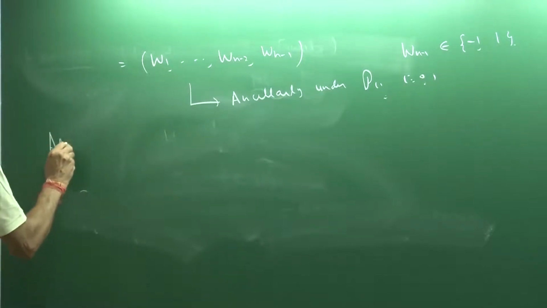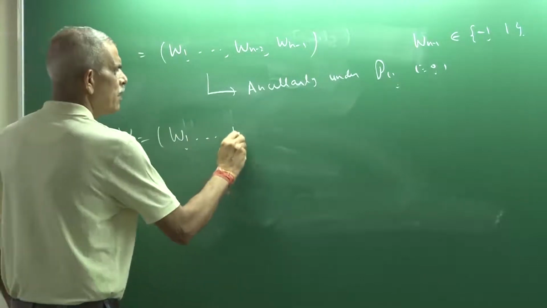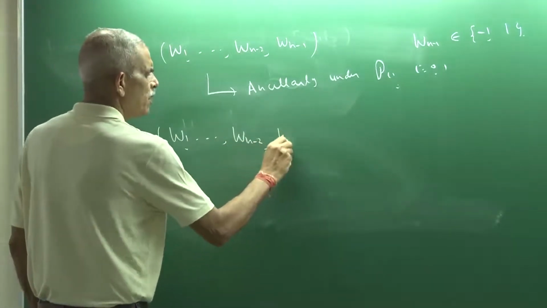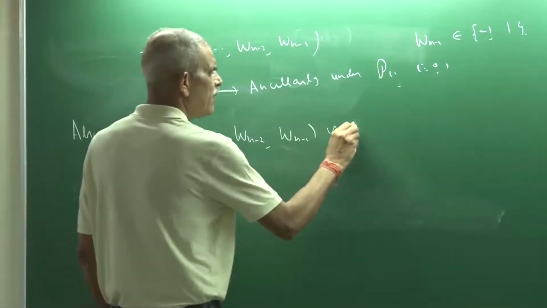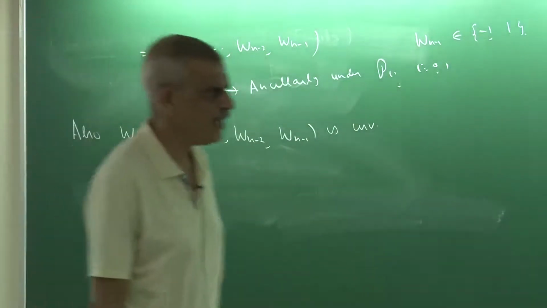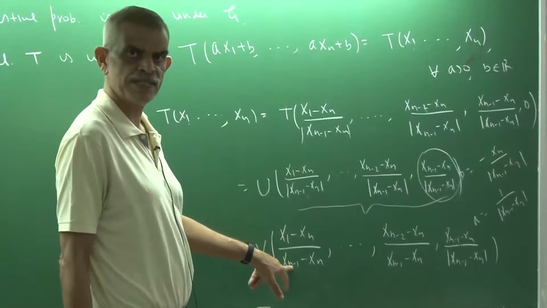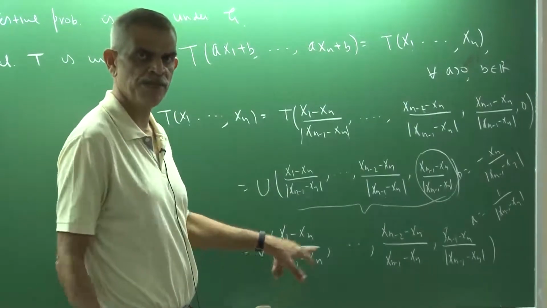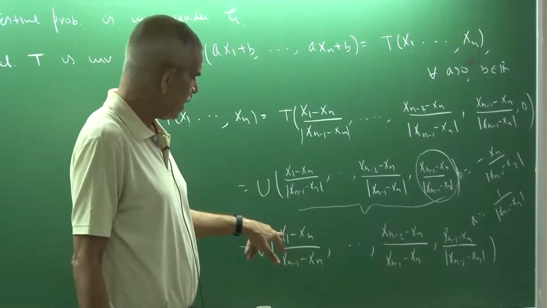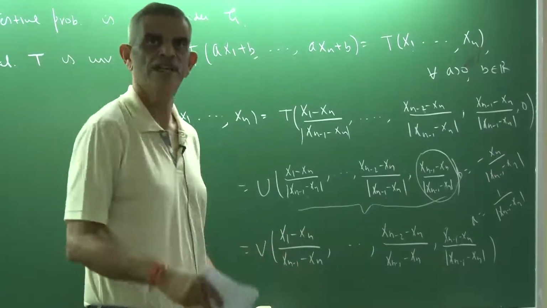Also, W, which is W1, ..., Wn minus 2, Wn minus 1, is invariant. Why? Because you can apply a x1 plus b over here. When numerator and denominator both have differences, applying a x1 plus b, the b gets cancelled, and a comes common in the numerator and also in the denominator, so a also gets cancelled.